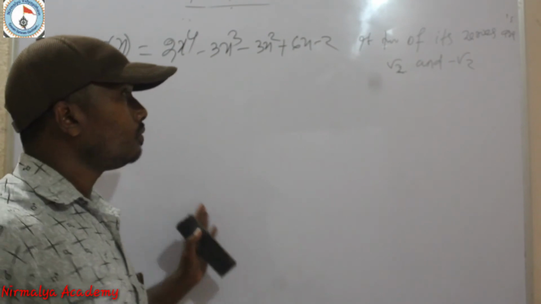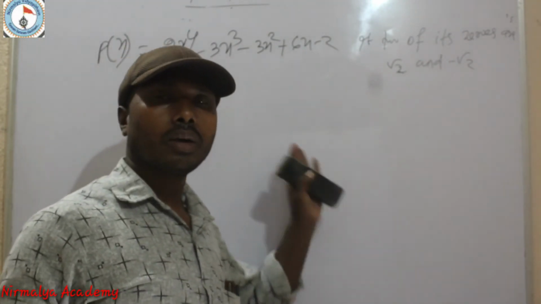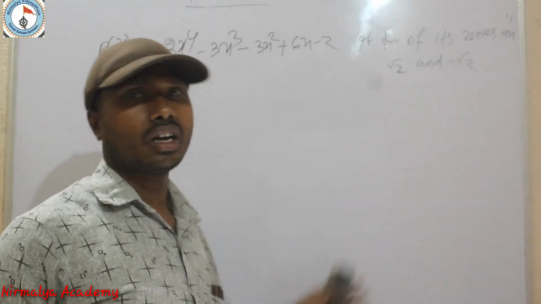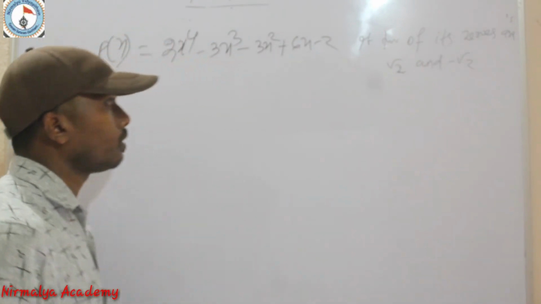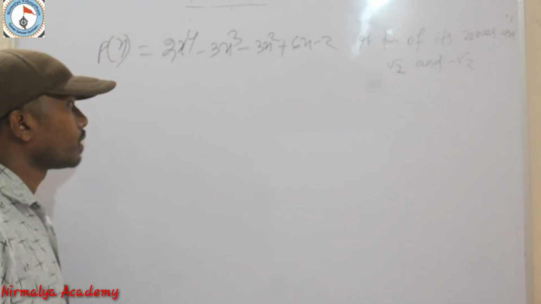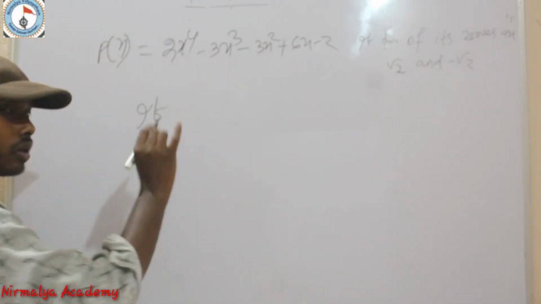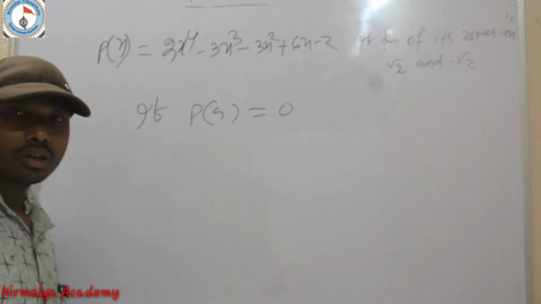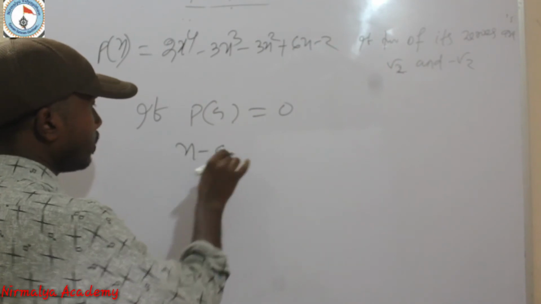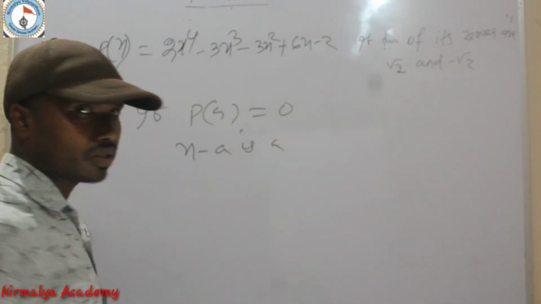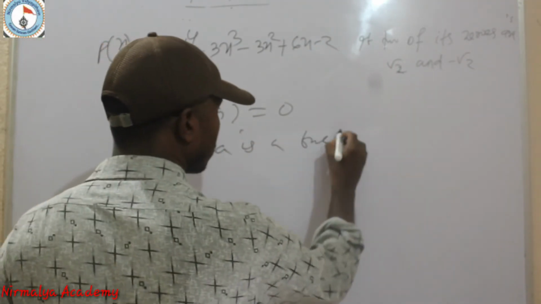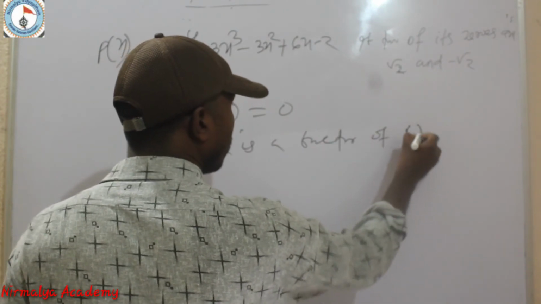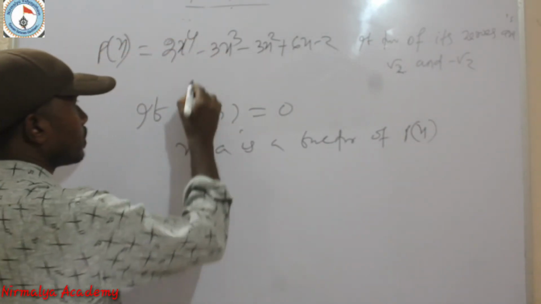Now, first of all we have to find the factors. You know the factor theorem. The factor theorem states that if p(a) equals 0, then x minus a is a factor of p(x), for a polynomial in variable x.